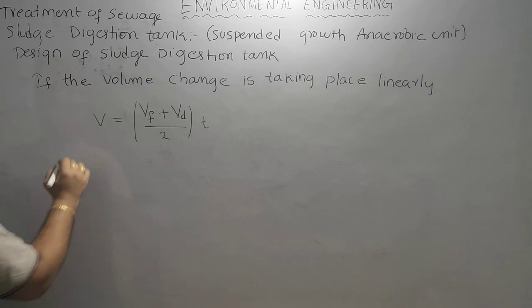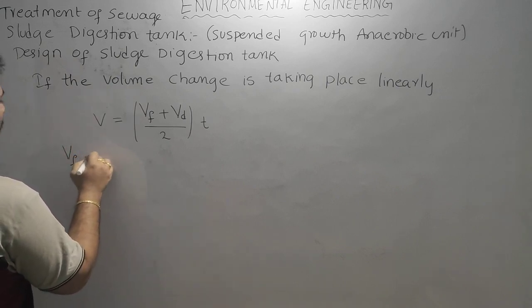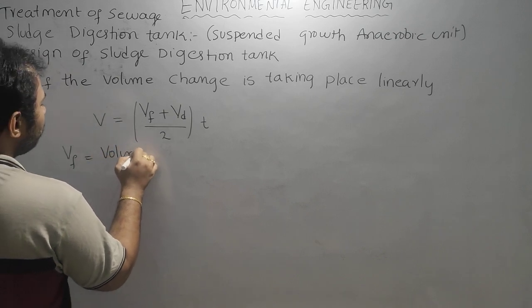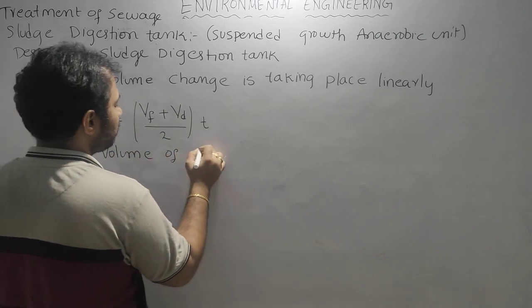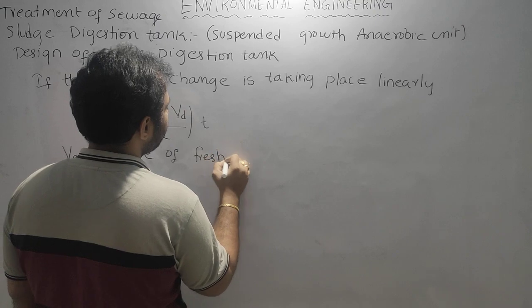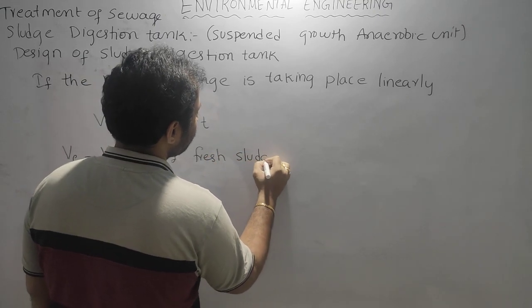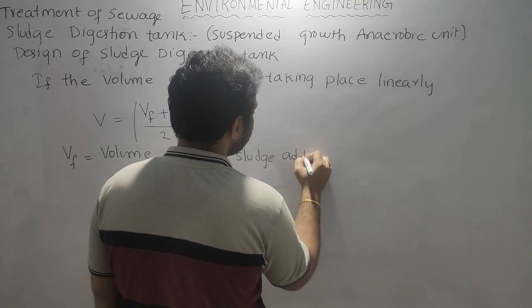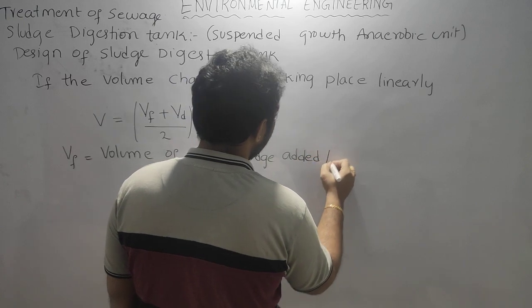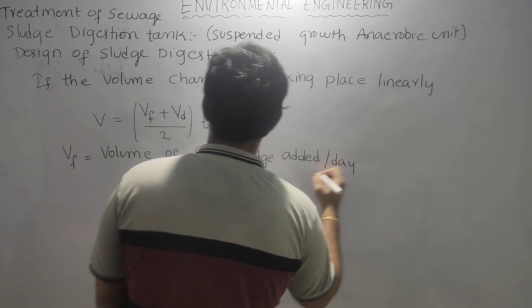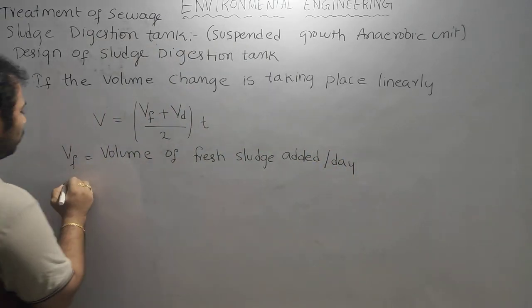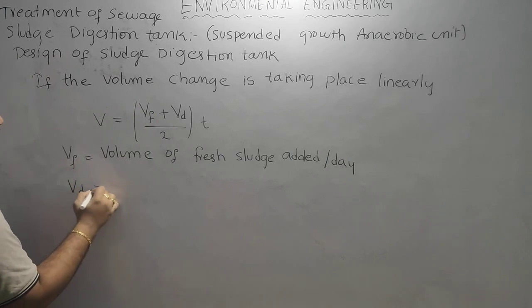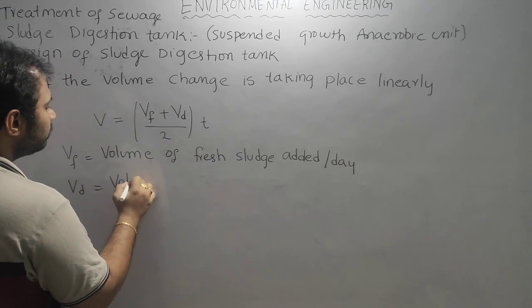Volume of fresh sludge added per day, and Vd is the volume of digested sludge removed per day.